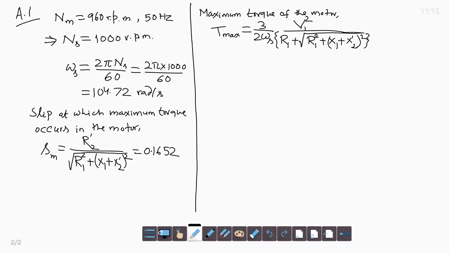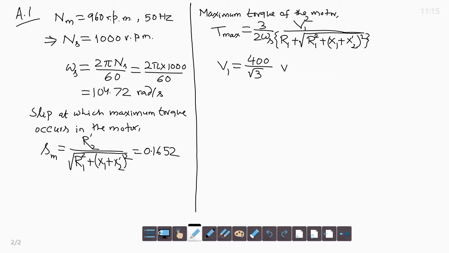So, in this expression R1, X1, X2 dash, omega s, everything is given. V1 is the per phase voltage applied to the stator and it is given a 3 phase star connected 400 volt motor. So, V1 is the per phase voltage, that is 400 by root 3, because it is star connected 400 volt supply.